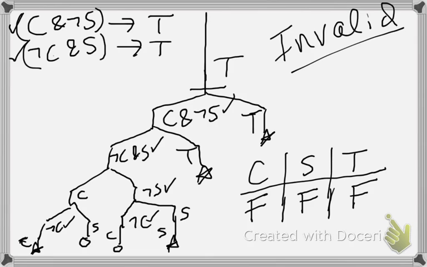If we'd used the other open branch, we would see that C is true, because it's on the true side of the tree, and there actually is no S on this tree.